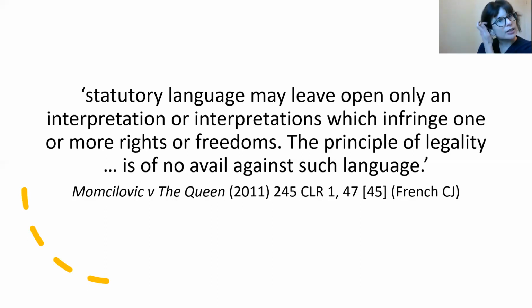So in cases like Coco and the Queen, where a court is confronted with an interpretive choice, it is legitimate for it to choose the reading that is consistent with fundamental common law rights and freedoms. But as Chief Justice French says here, if the statute is unambiguous, if it does not permit a choice to be made, then the principle of legality has no more work to do. I hope that those principles are clear and have helped you to understand the principle of legality.